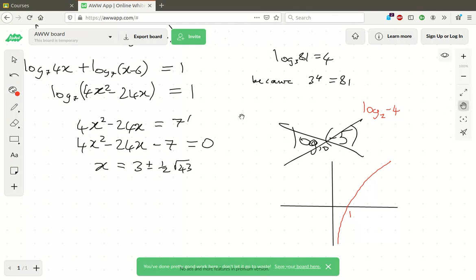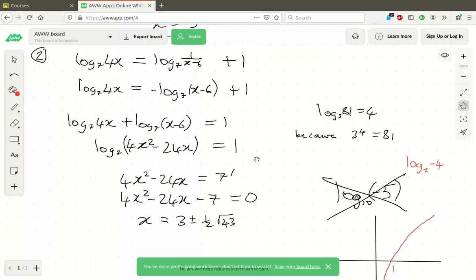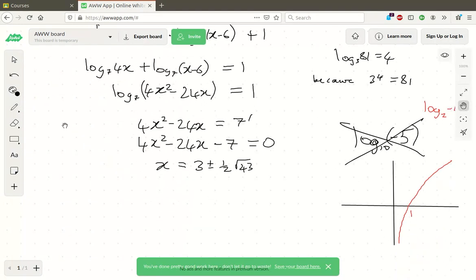Now, if we look at my answer, I've got 3 plus or minus a half root 43. Now, 3 minus a half root 43 is actually negative. So if you plug it back in here at the start, that is not going to be allowed. It's going to give you log of a negative number. And so what you must do at the end is exclude the value which you're not allowed here.